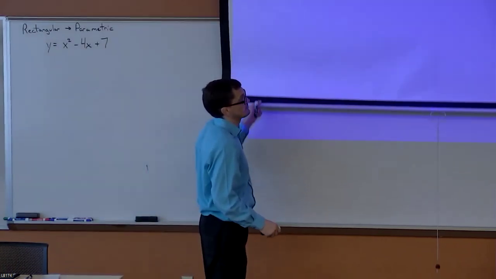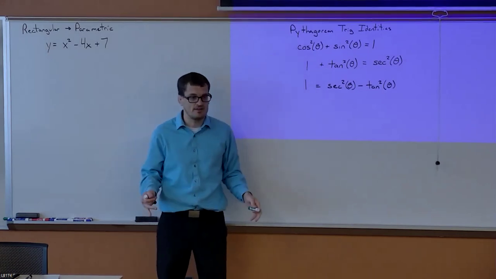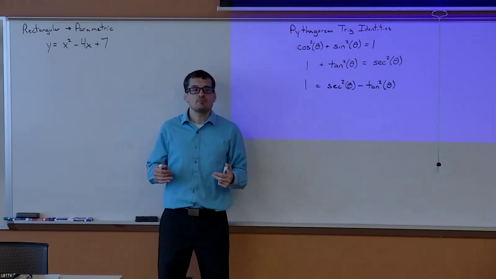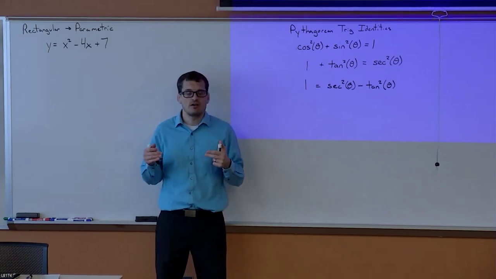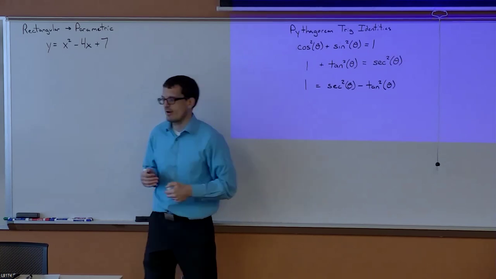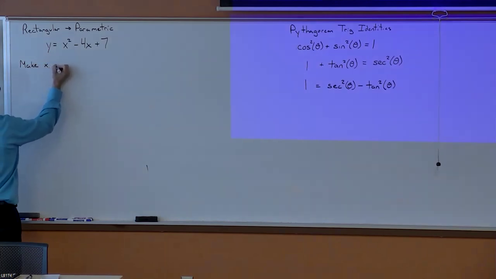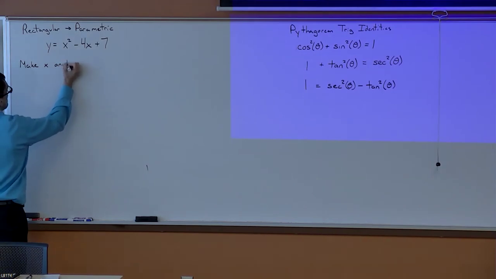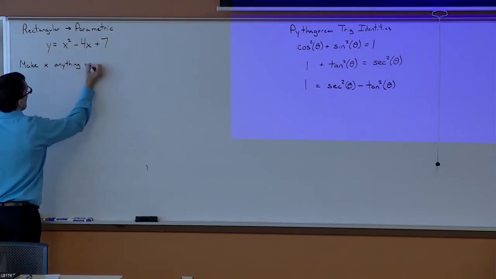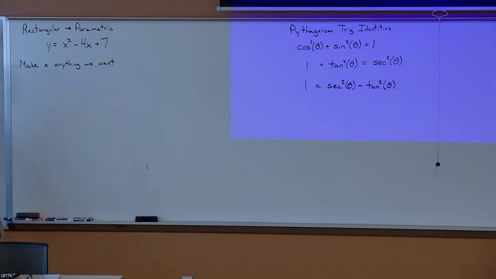Now, if we are using direct substitution, we don't need any trig identities or anything like that. We can simply make one of our variables equal to anything we want. Since we're solved here for y, we can make the x any expression in t that we want.